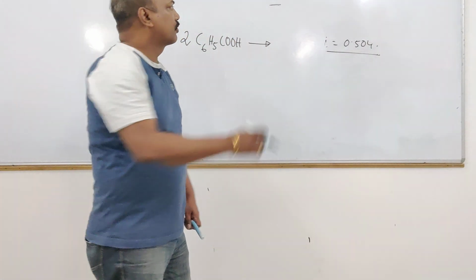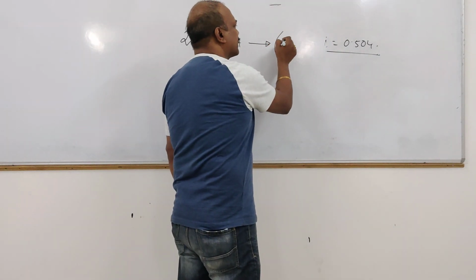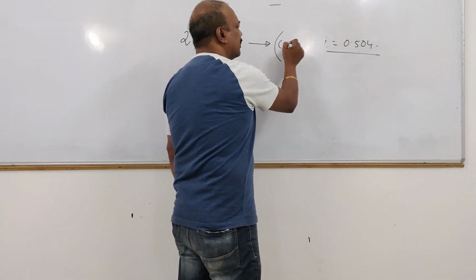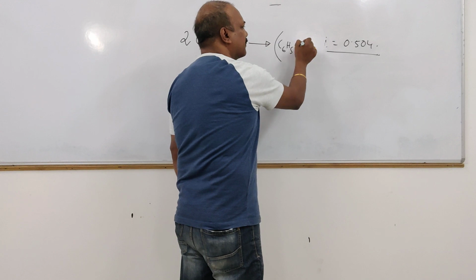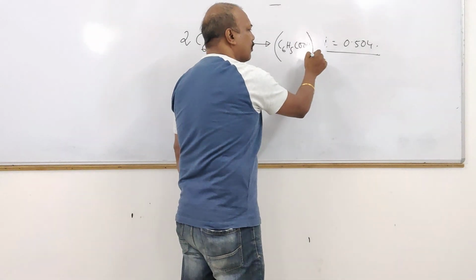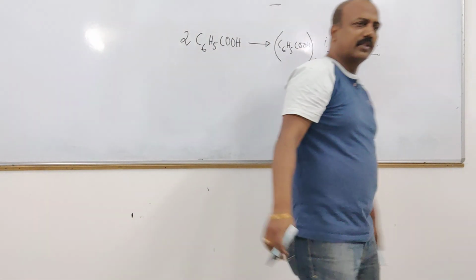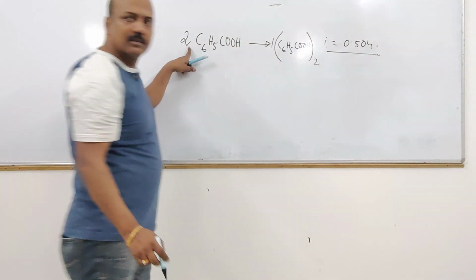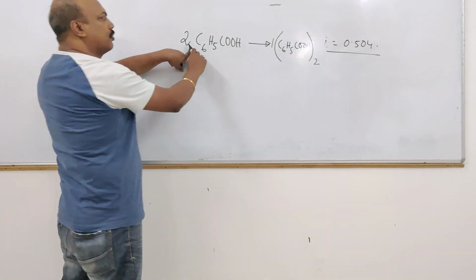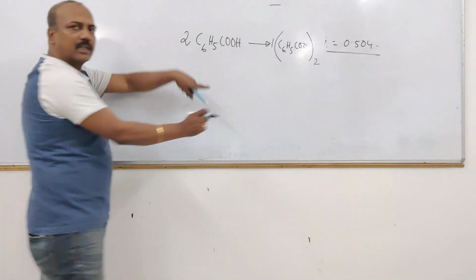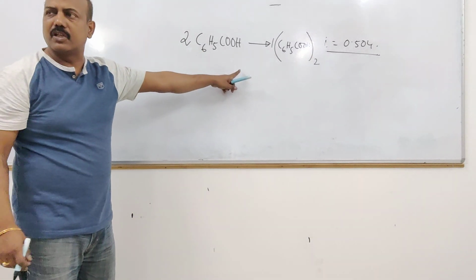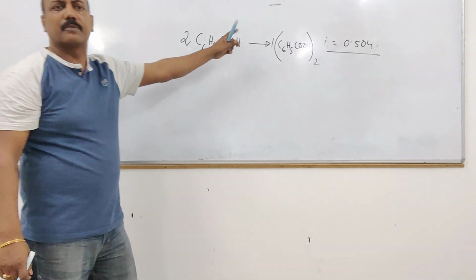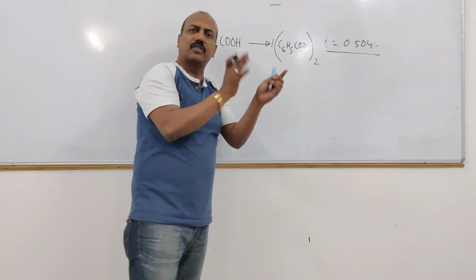So we write it like this: 2C6H5COOH becoming (C6H5COOH)2, one particle. See it over here. 2 particles becoming one particle. Did you understand that? 2C6H5COOH together becoming (C6H5COOH)2.